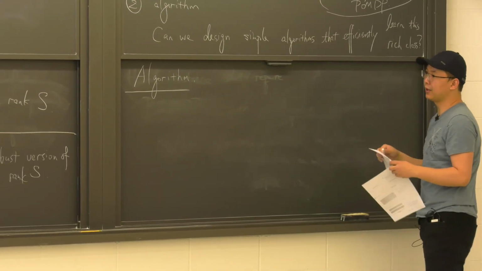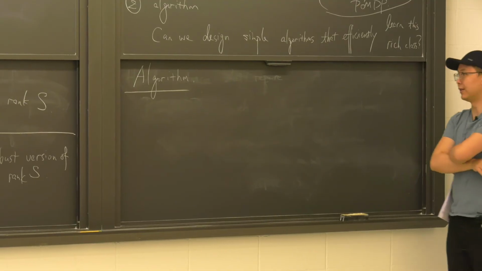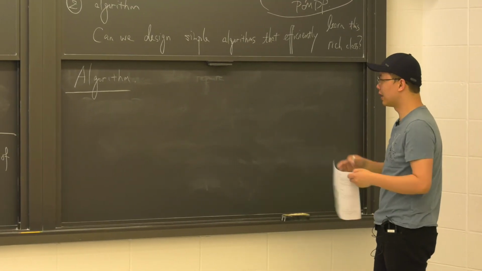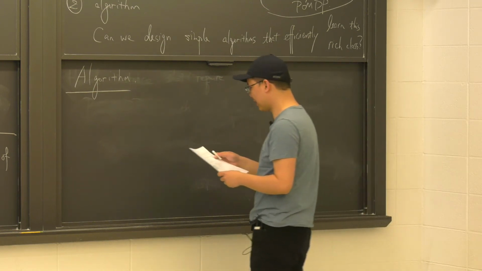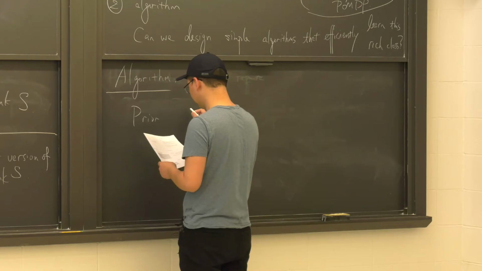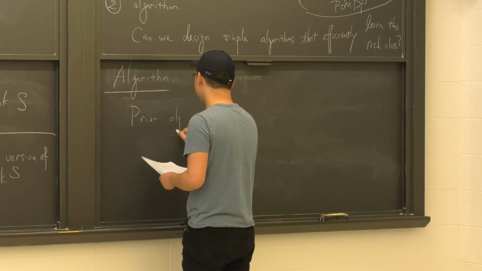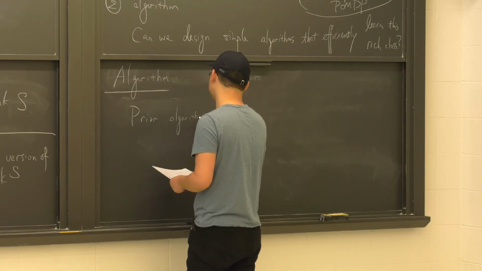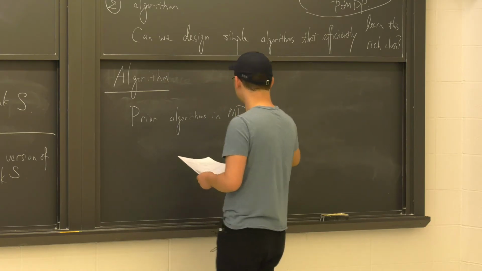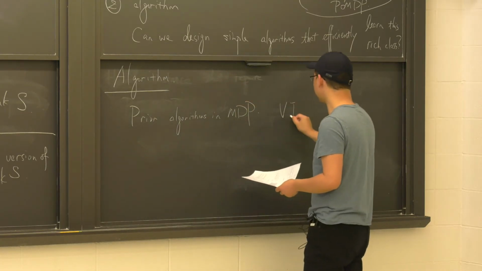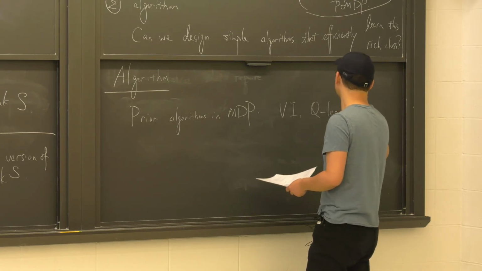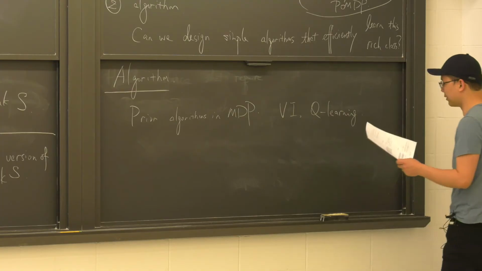In this class, we have talked a lot about value-based algorithms like value iteration, Q-learning, and a lot of previous algorithms we studied in MDP, for example value iteration, Q-learning, least square value iteration, GOLF, and all those fitted Q iteration.